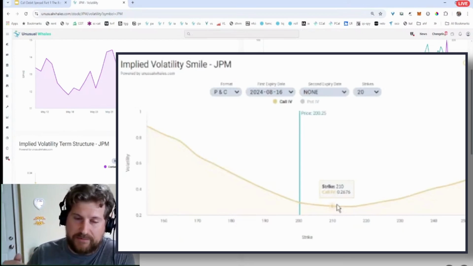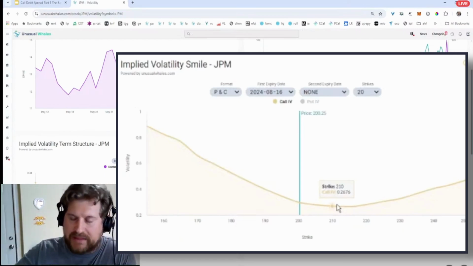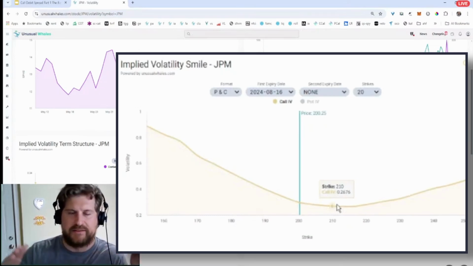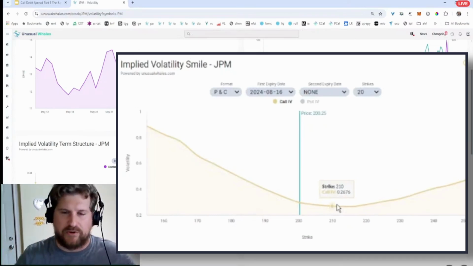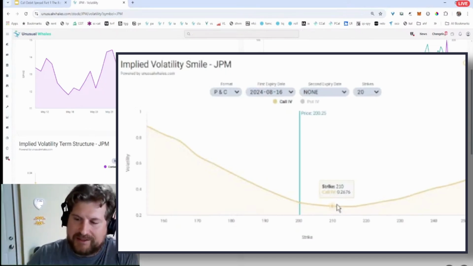So its vega went up too. The 210 that you sold, its vega went up a little bit too. Again, it got closer to the money, and vega is not a normal curve, but it's highest at the money. But its implied volatility actually went down because it slid down this curve right here.